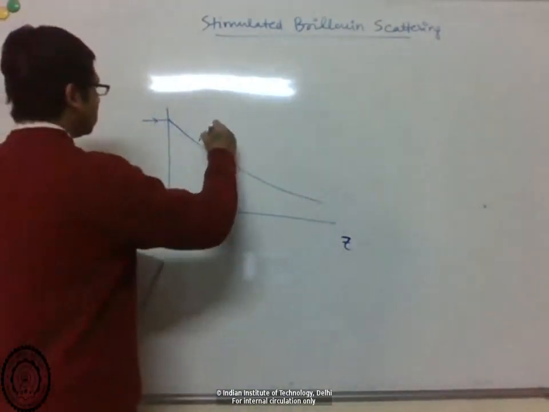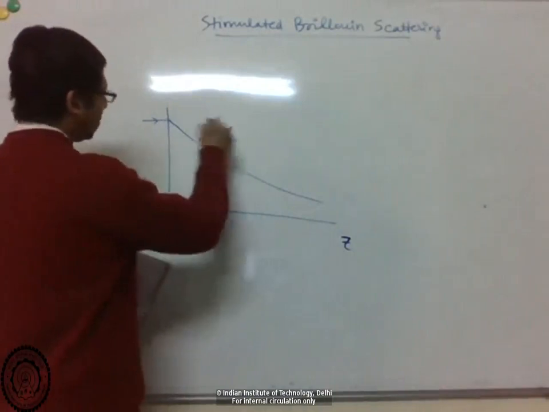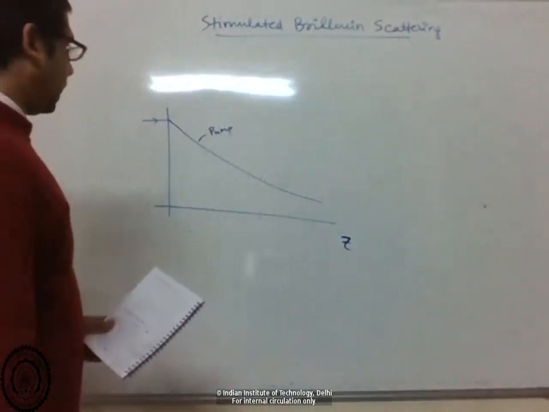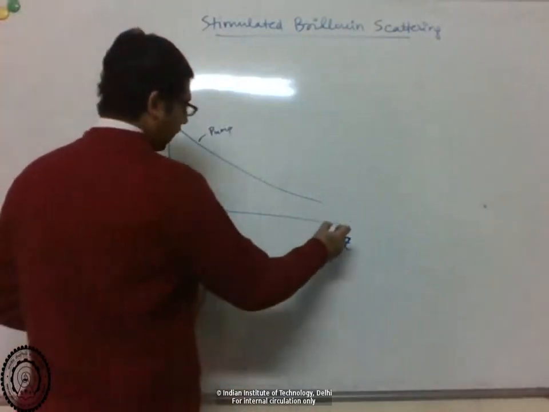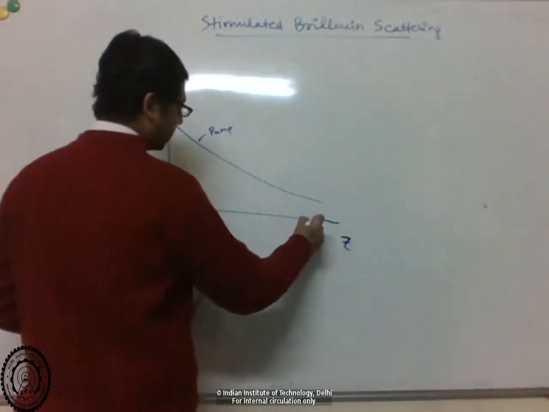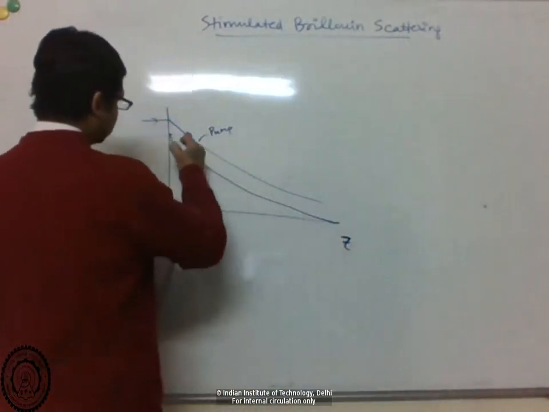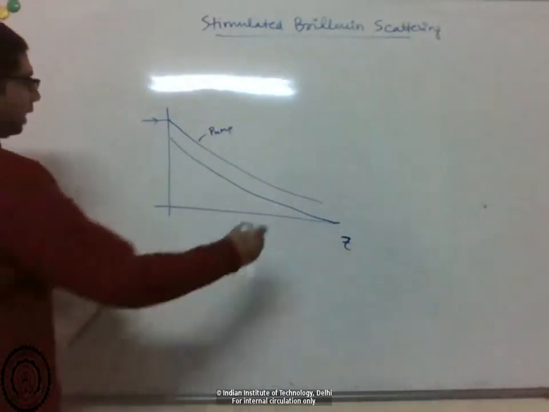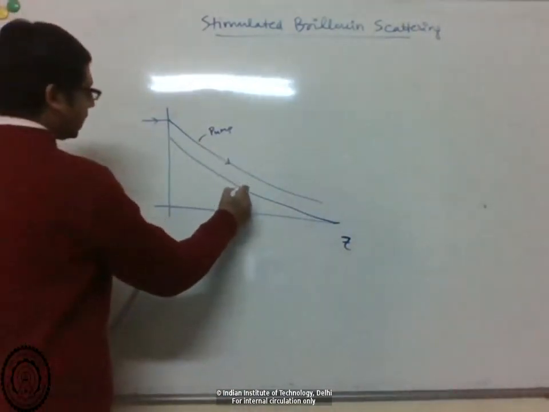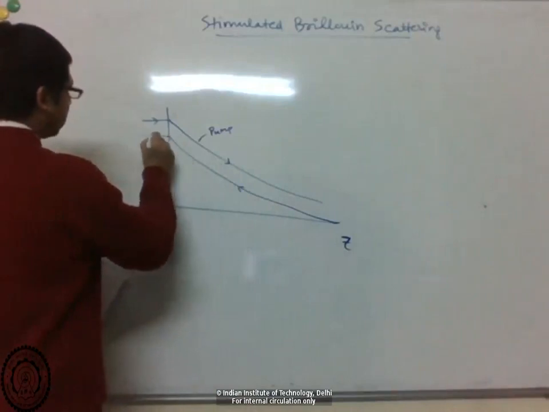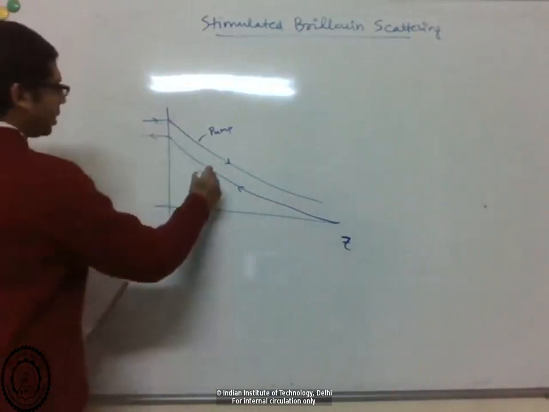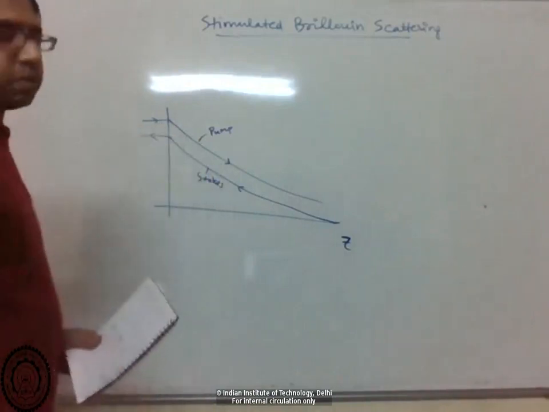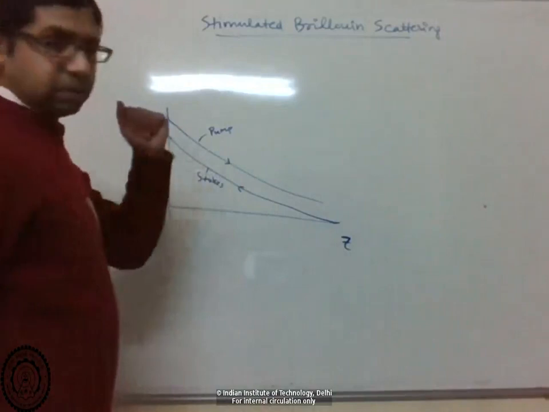So this is your pump, or the signal that you're sending, for example, for telecommunications. And from the other end, the Stokes wave starts acquiring gain, and a large fraction of your input power can backscatter back into the transmitter because of this Brillouin scattering.